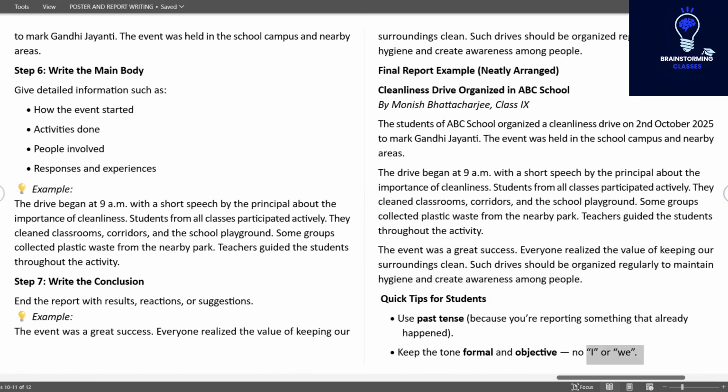No such pronouns. You cannot personify the things. That should be very clear in your mind. You should highlight the organization rather than yourself as a person.